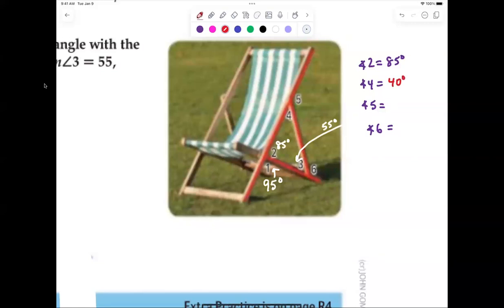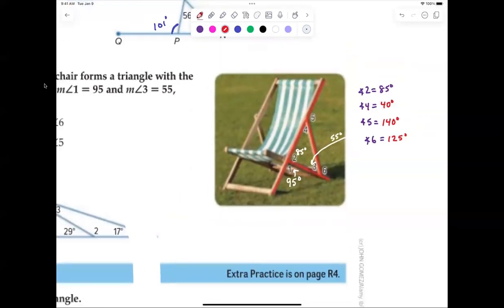Which means angle 5 would be how much? 140, and angle 6. Anybody having a problem with these numbers? How did I get what? 85, yes, 85 plus 55. Agreed? All right.